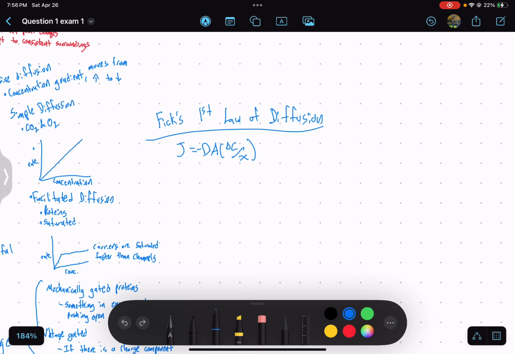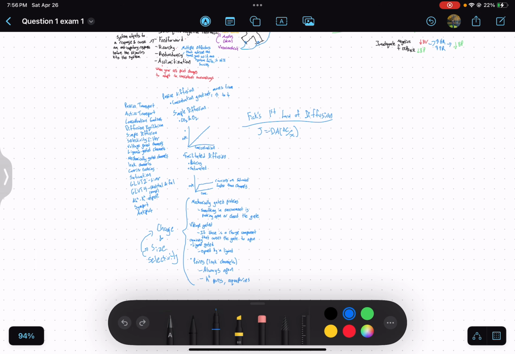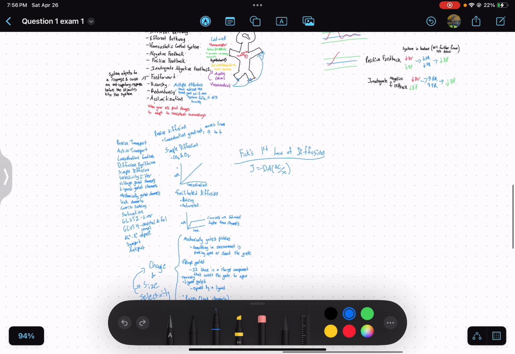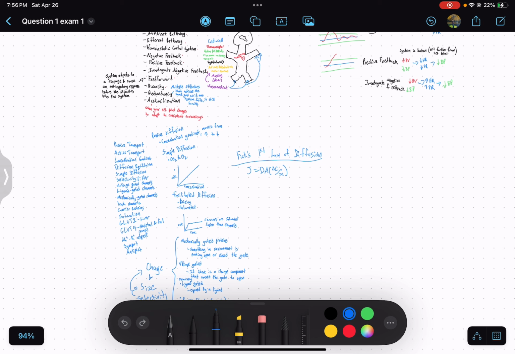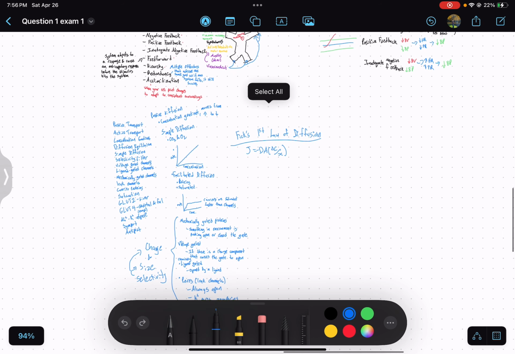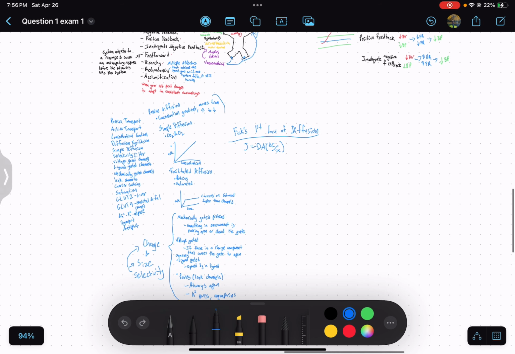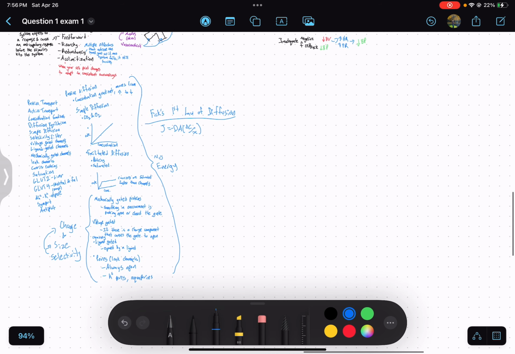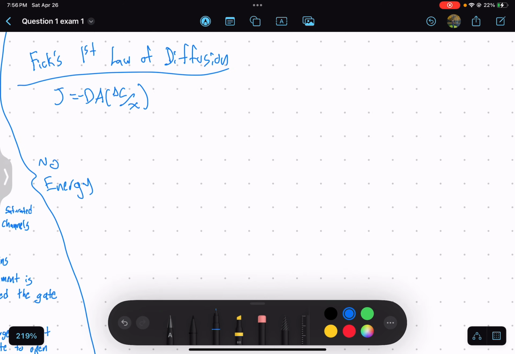Next up, we're going to talk about active transport, because all of this here with the passive diffusion, simple diffusion, none of this requires energy. Now we're going to talk about the transports that need energy.